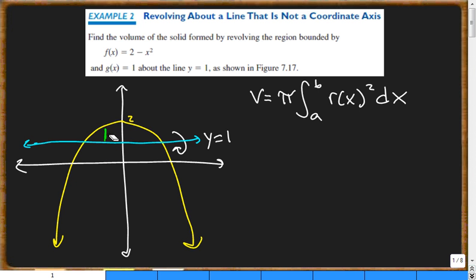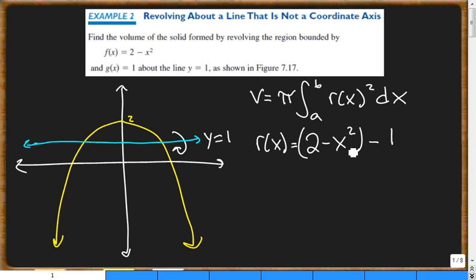So our radius here that we're looking for is going to be our top function, which is 2 minus x squared, minus this line 1, right? Because that is right below it. So that is what our radius is going to be.